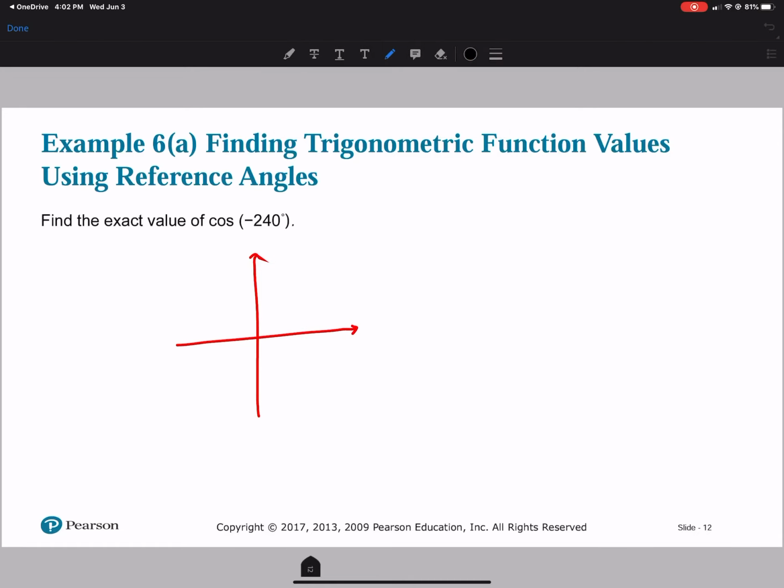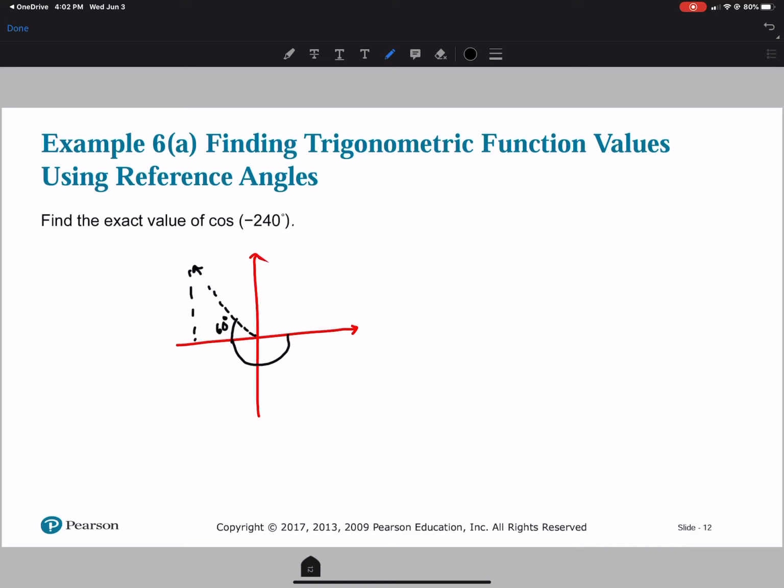We know that we're going clockwise. So we start here and we go around. Then we go here, we get to negative 180. Then we go how many more? 60 more. All right, so we know that this is 60 degrees.